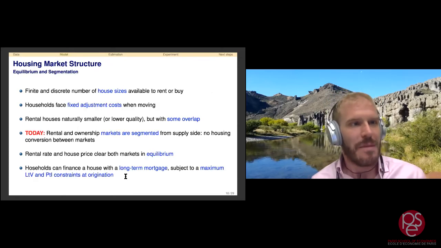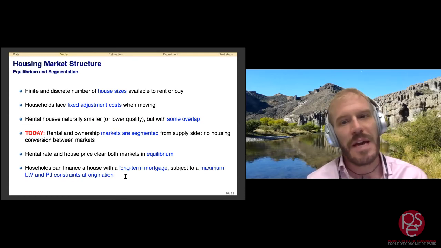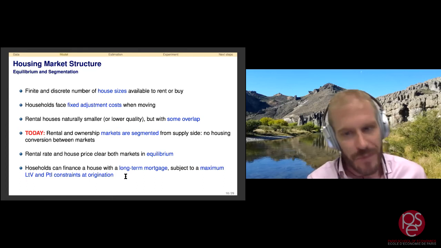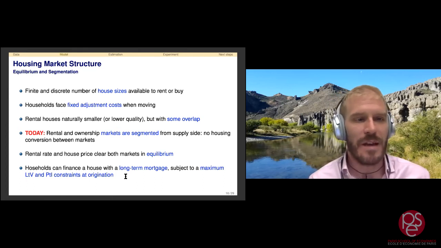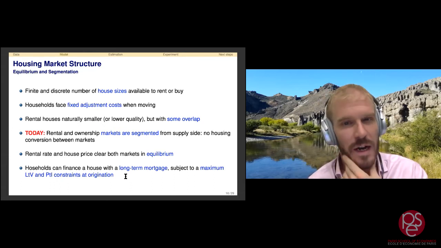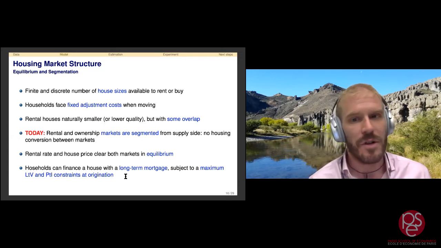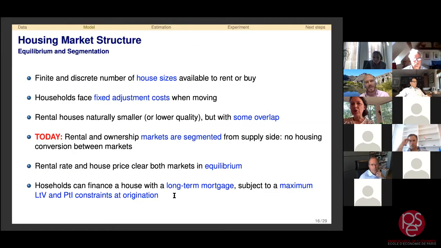So in terms of the housing market structure, there's a recent debate, which started long ago, but was recently emphasized again by the paper by Greg Kaplan, Kurt Mitman, and Gianluca, and also a very recent paper by Dan Greenwald and Adam Guren, about what has moved house prices and consumption in the last boom and bust cycle, whether it was credit conditions or changes in household expectations, et cetera.